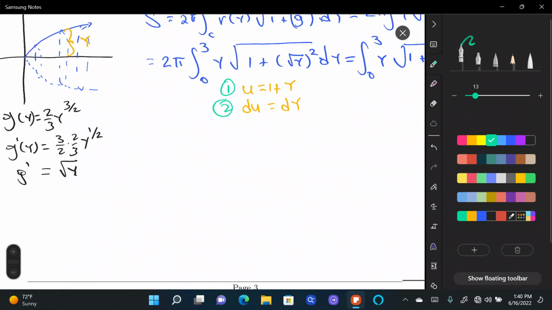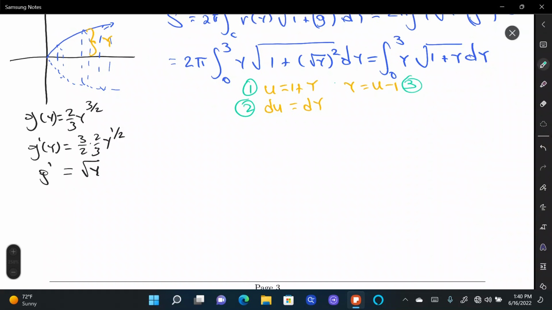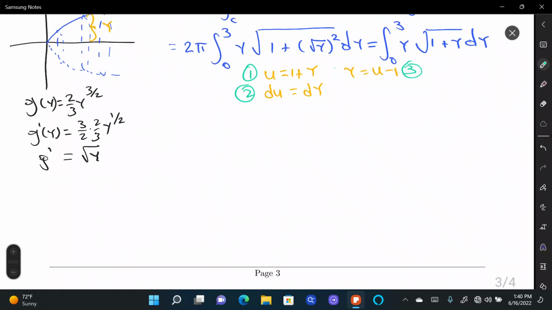The third ingredient in this case that we need is to solve for the variable, in this case y equals u minus 1. So that's number three. This is a good way around this issue when you don't have one degree less outside of a radical, exponential, or parentheses.